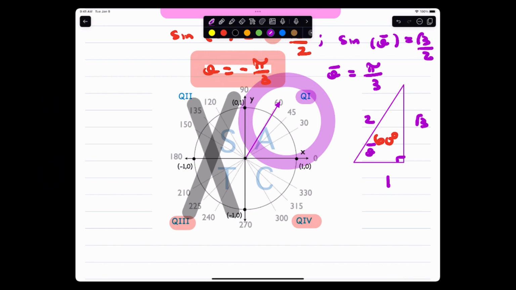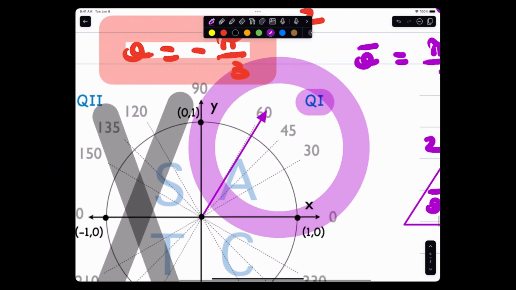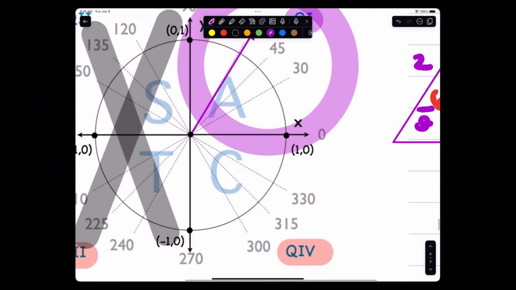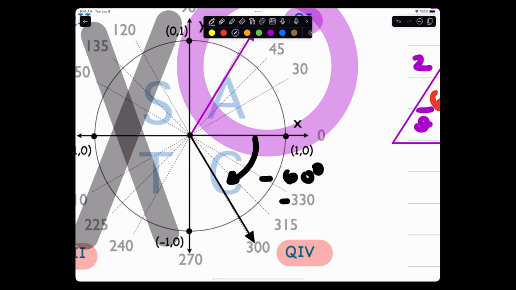So that angle for the reference is right here. However, what's the story? This is a negative sign, and sine is negative in quadrant 4. You just have to describe it now this way. Go back down, negative 60. So this is a negative 60 degrees, or we call it negative pi over 3.